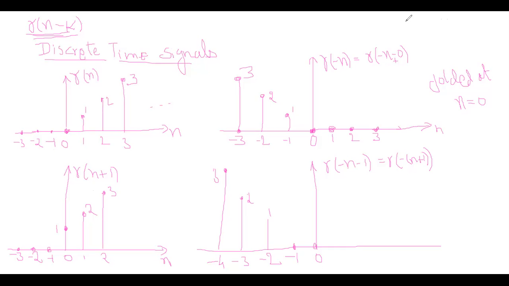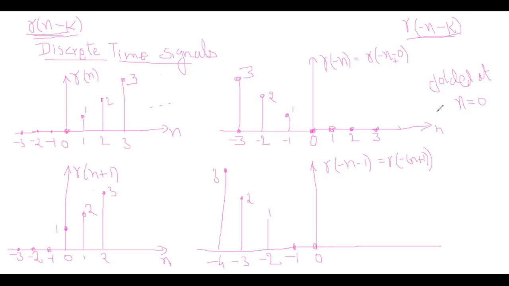But here, r of minus of n minus k, r of minus k, if k is a positive value, it means here it is shifted towards the right side, but here it is shifted towards the left side.